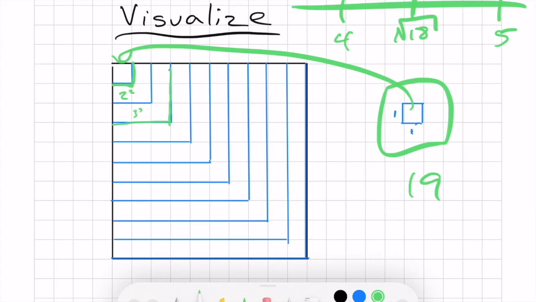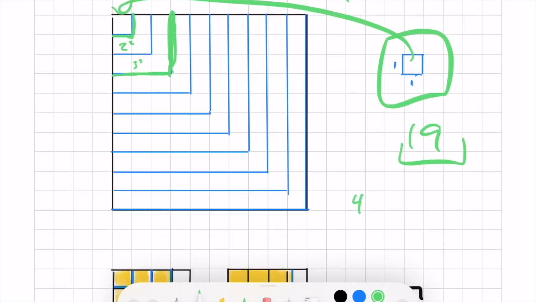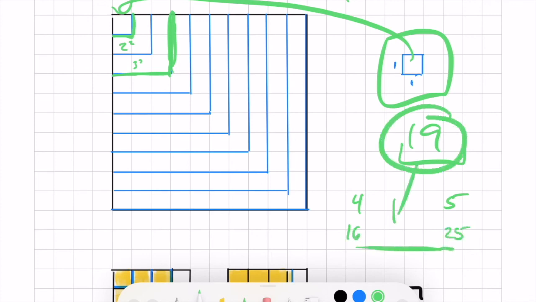And notice how they all kind of fit into each other. So if the number line analogy doesn't work for you, then hopefully this one does. Okay, so that's 3 squared, which is 9. And so now 19, I know would be between 4 and 5 because 4 squared is 16 and 5 squared is 25. Okay, so it's going to fit somewhere in here because 19 fits somewhere in there.